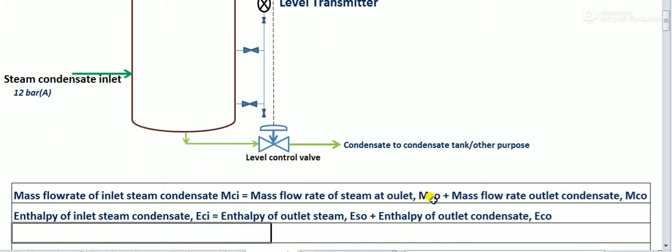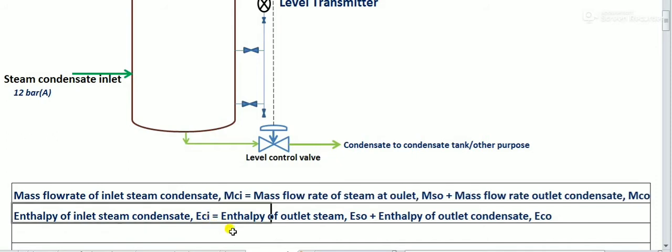We want to calculate the mass flow rate of steam at outlet because we know the mass flow rate of inlet condensate, right? So we multiply the masses into the enthalpies in the energy balance.